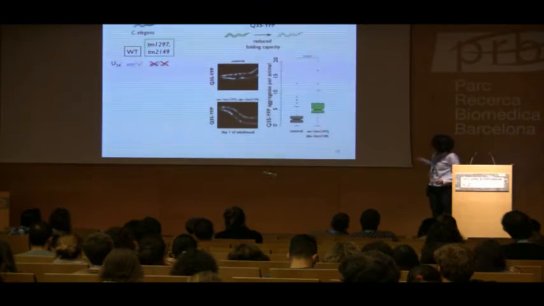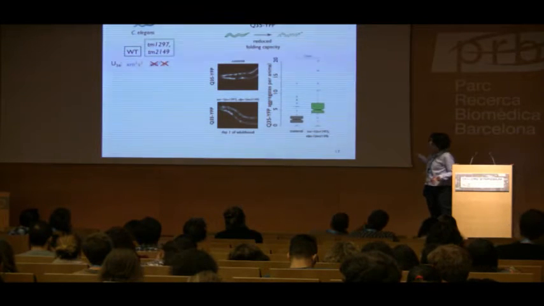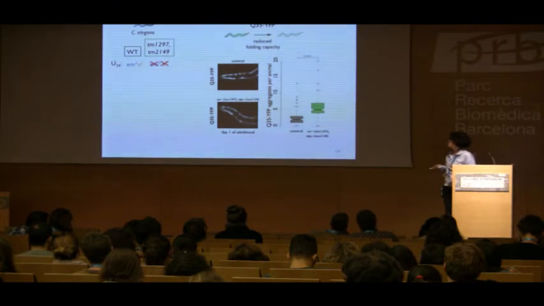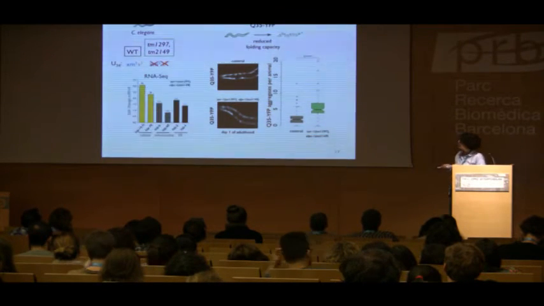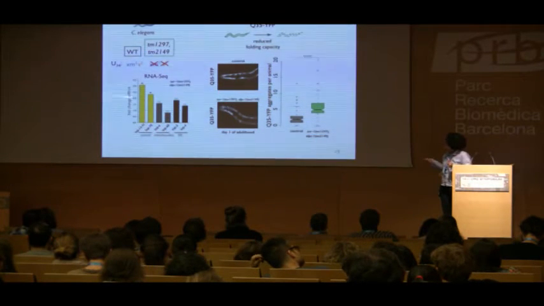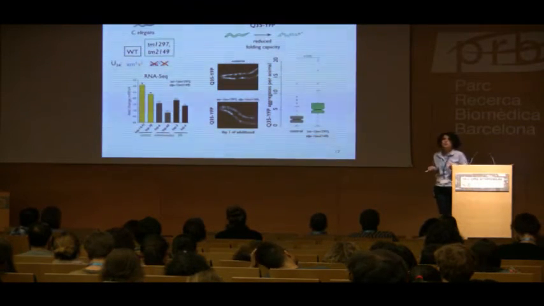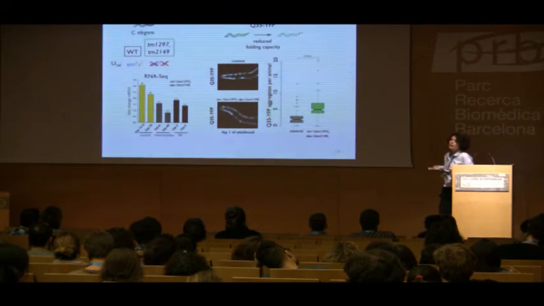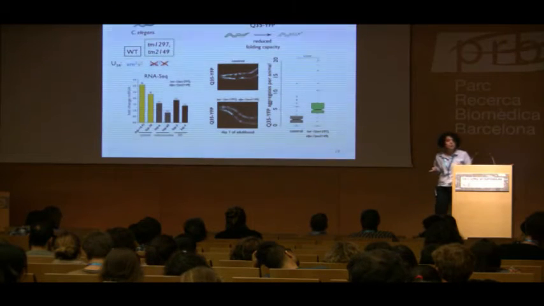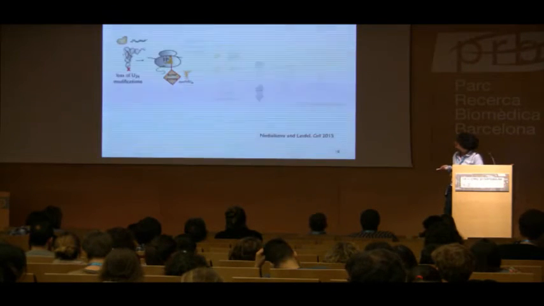And so what we saw is that our mutant worms had a much higher aggregate burden than those age-matched wild-type controls. And the worms with unmodified tRNAs were also expressing higher levels of the cytosolic chaperones. All of this allowed us to confirm that protein homeostasis defects are a common consequence of wobble uridine modification loss.